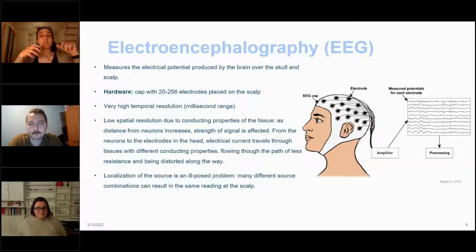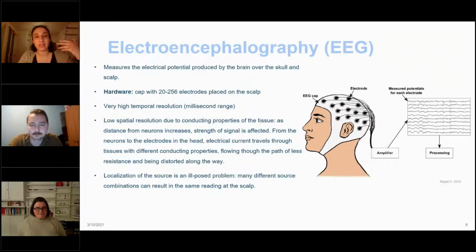Basically, because the electrical activity produced by the neurons has to pass through many different kinds of tissues, like the brain, the cerebrospinal fluid, the skull, the scalp. Each one of those has different conducting properties. So the current chooses to pass through the path of least resistance.